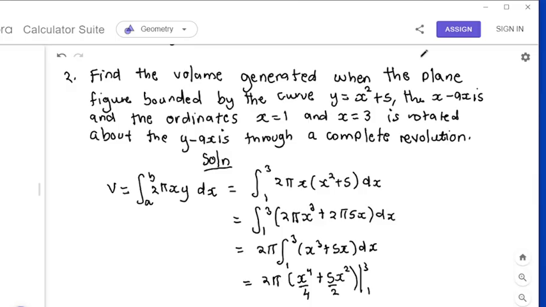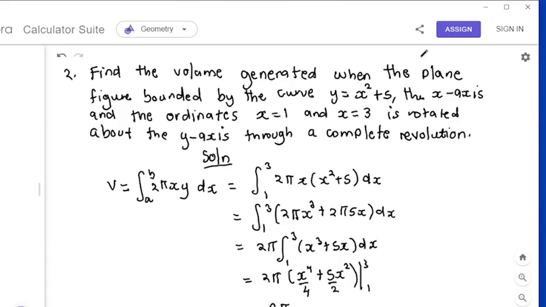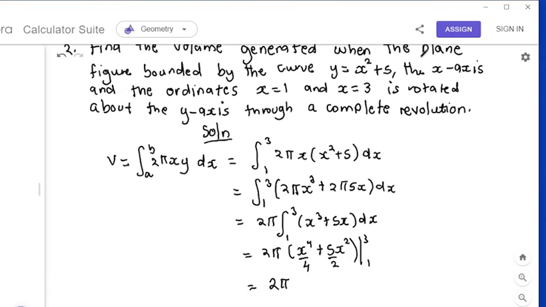So when you substitute, which is quite easy, you will get 2 pi into 20 plus 20, which gives us 80 pi. Our units are cubic units because it is the volume.